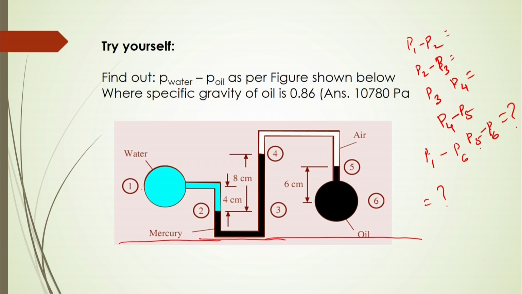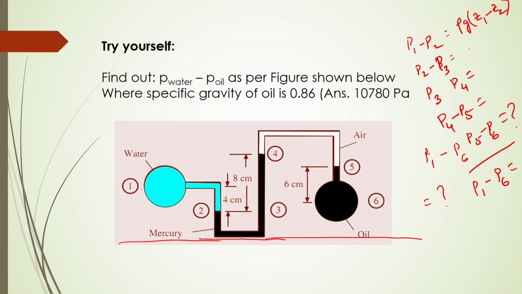If you add these, finally P1 minus P6 is equal to what? On the right-hand side, as per the principle, rho into g into (z1 minus z2).